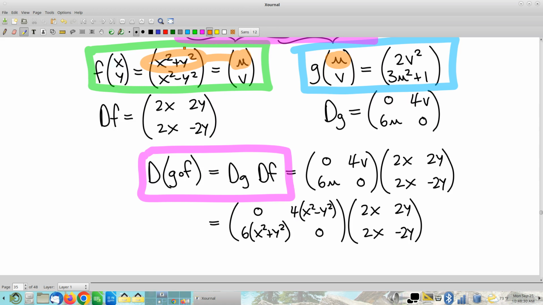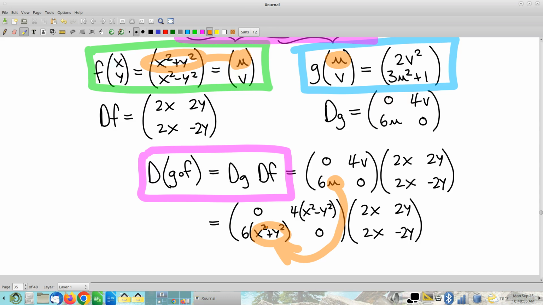So everywhere you see a U, you've got to put whatever the function f says it is. So x squared plus y squared. Everybody happy? Likewise for the v, and then you multiply the matrices, whatever.